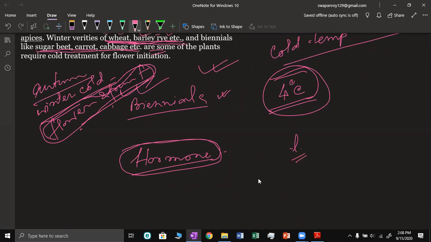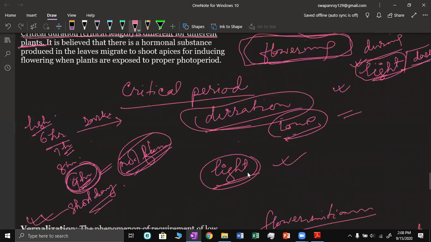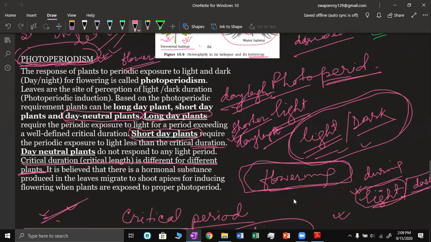But so far, no hormone has been extracted. This is only a hypothesis. Sometimes it has been found that in long day or short day plants, spraying some plant hormone like gibberellin can induce flowering in those short day plants.